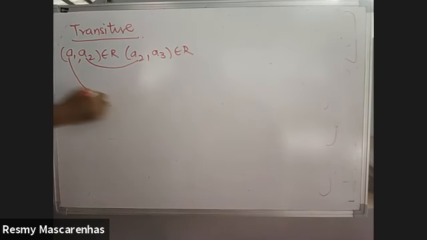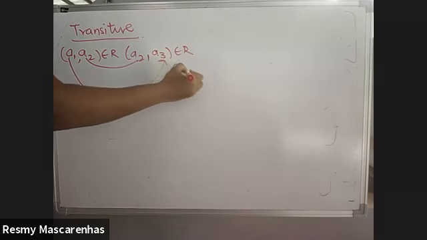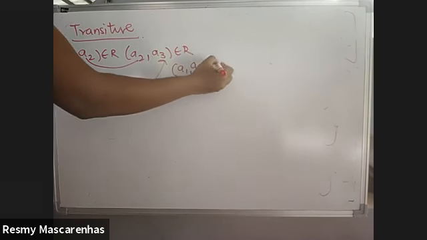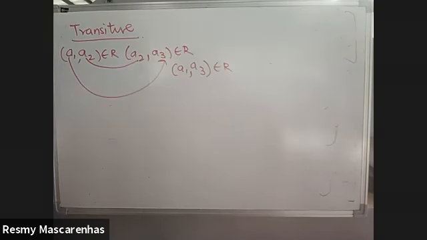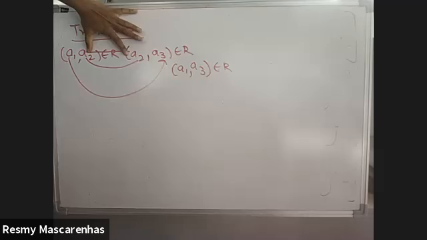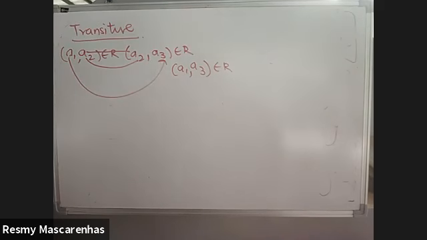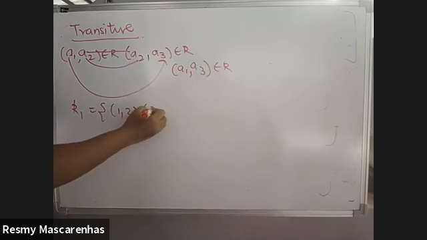Then the condition is A1 comma A3 should be there in that set. If these two are matching, the closest numbers, then this pair A1 comma A3 should be there. So I'll give you an example and explain. So R1 is 1 comma 2.